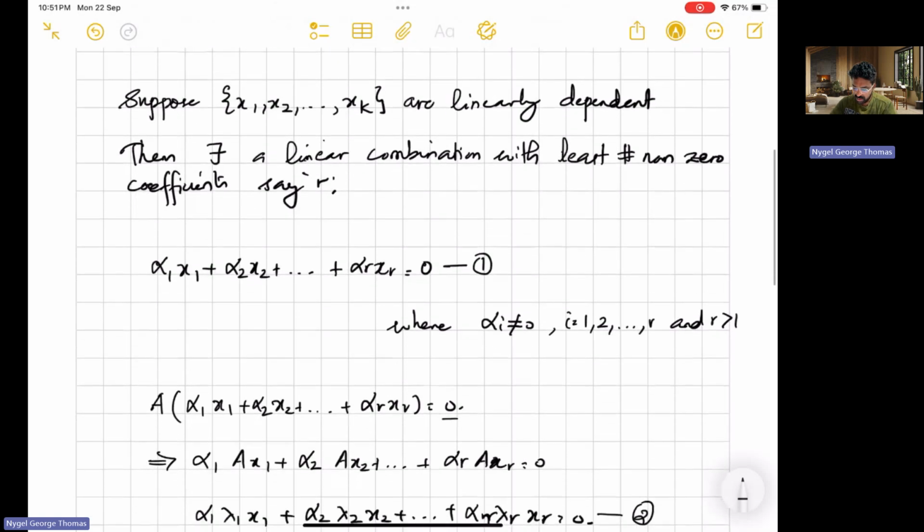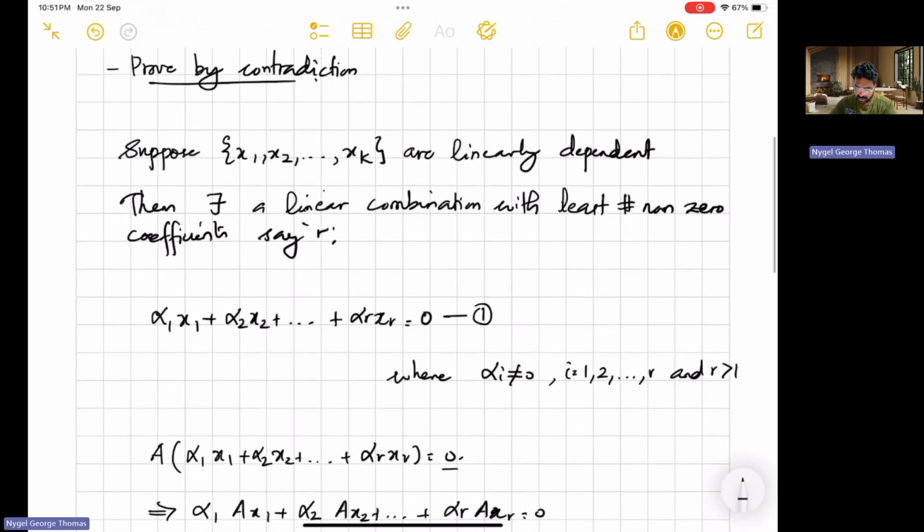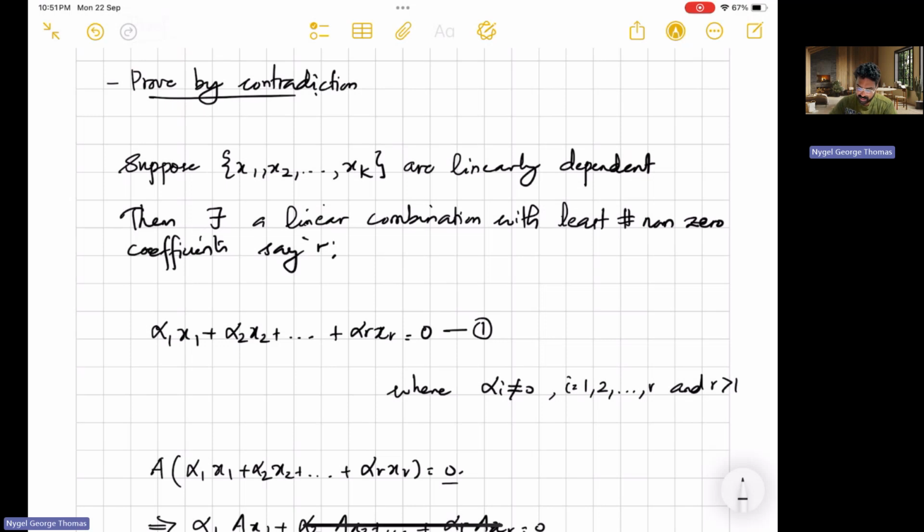We are going to prove this by contradiction. Initially, we suppose that there are k distinct eigenvalues, and we suppose that the k vectors are linearly dependent.